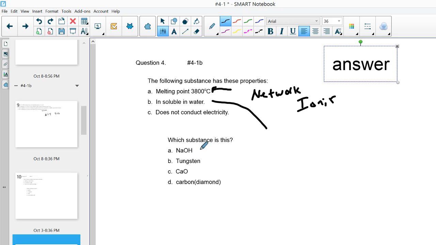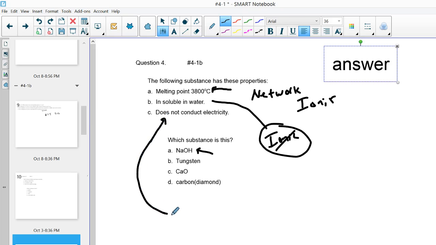I know that NaOH is quite soluble in water. Many ionic compounds are fairly soluble in water. Not all of them, but we'll take that maybe off the table here. Does not conduct electricity. Now, we don't do a ton of stuff on metals, but this would really cross out the idea of a metal.